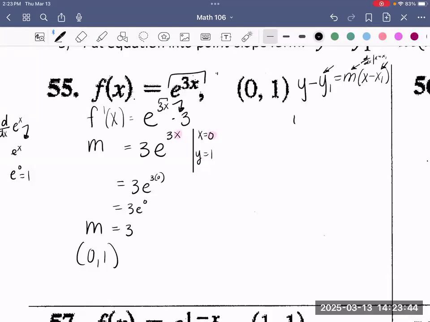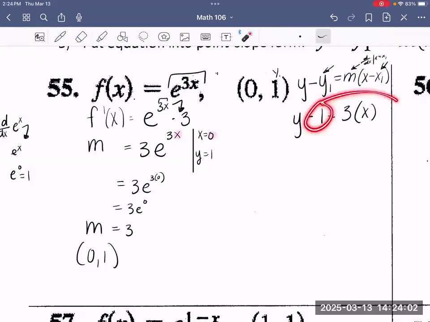So for us, we have y minus 1, because this is your y value, is equal to your slope, which we found was 3, times (x minus 0). And in our case, x minus 0 is just x. And again, if they need you to convert, you just toss over that minus 1 to the other side by adding it, and then you have your equation.